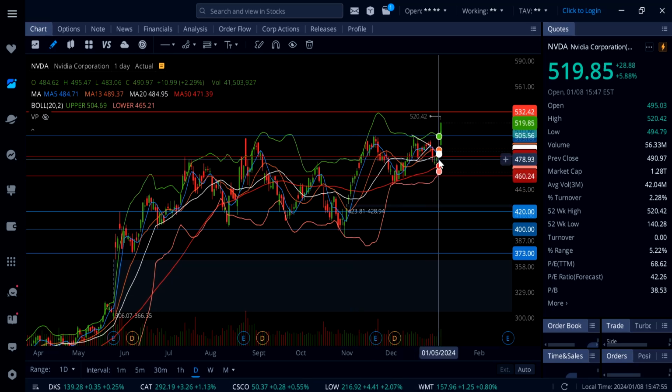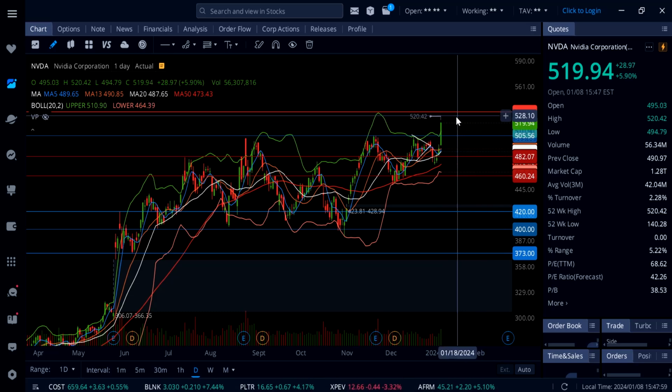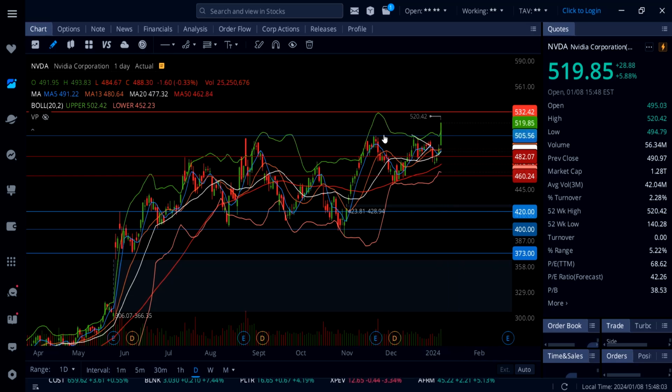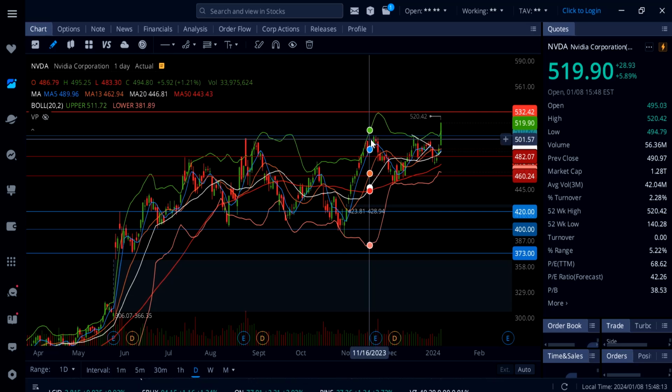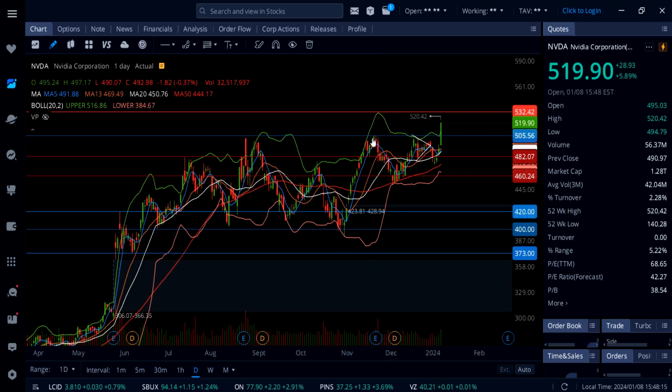The next stop could be 532 on Nvidia. Now if there is a pullback, you want to watch 510 to 511 as support, and then 505, the previous all-time highs. I think that's going to be a big magnetic support on Nvidia on a pullback now, 505. And why? Just look at Microsoft for that reason.